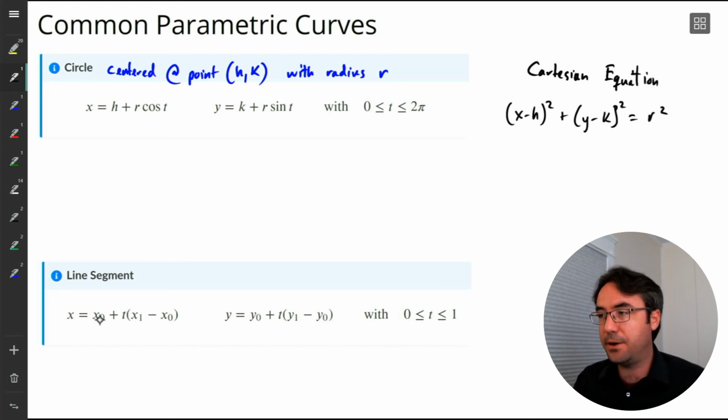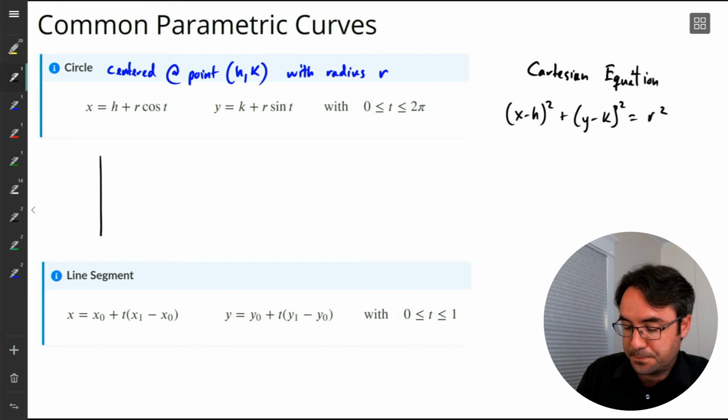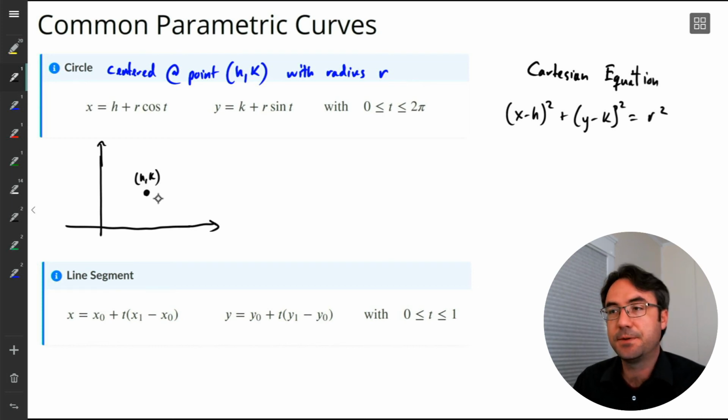Now, what about the line segment? Well, let's actually back up. What does this circle look like? We might have our center point here, h comma k. And then what we're doing is we're drawing a circle centered around that point with radius r.